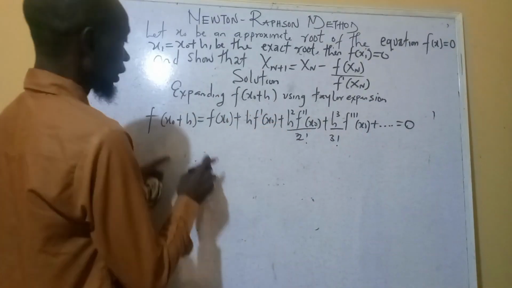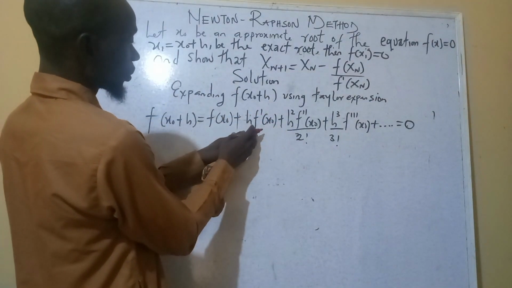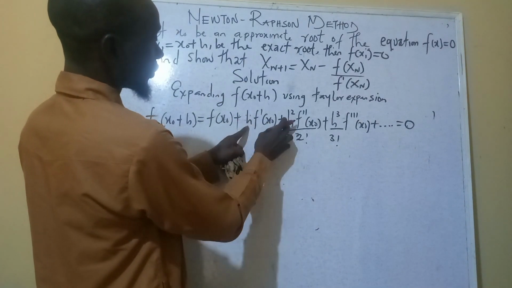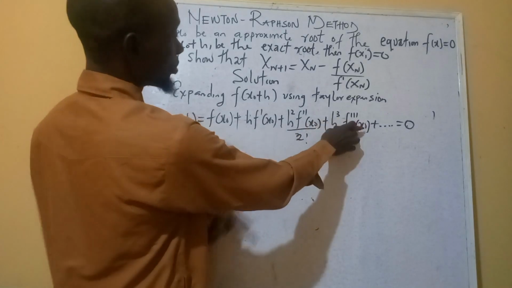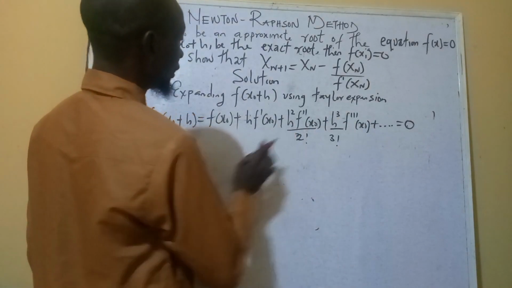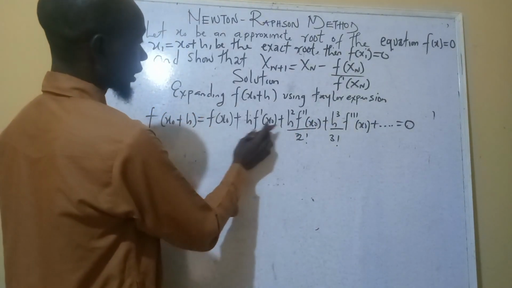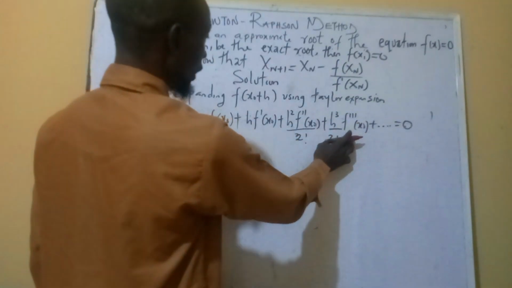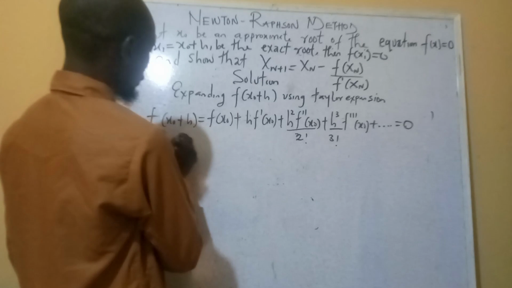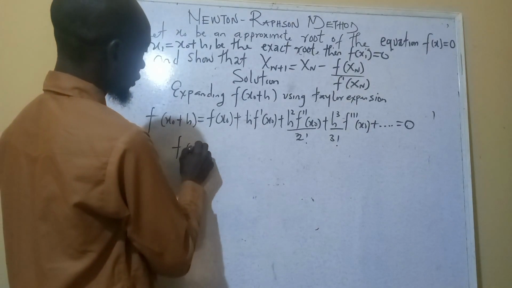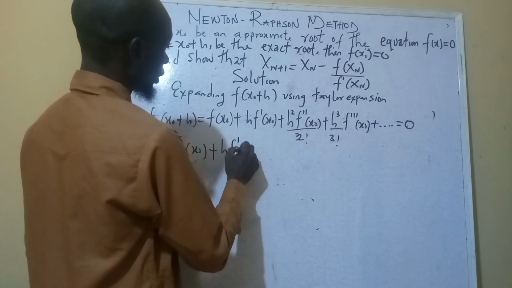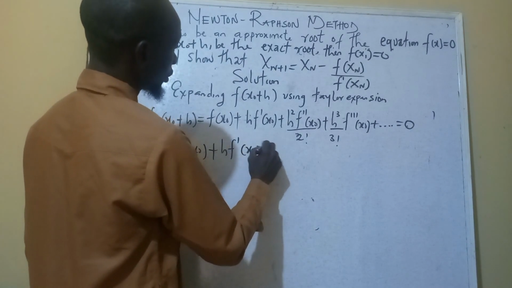Now here we are going to neglect the h squared term and the higher powers of h, h cubed and any other higher power. So that means f of x naught plus h f prime x naught equals 0.